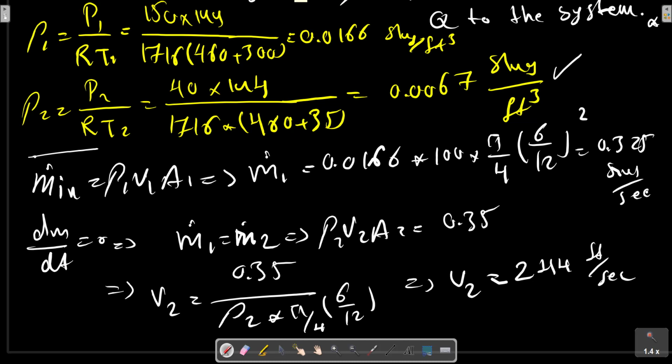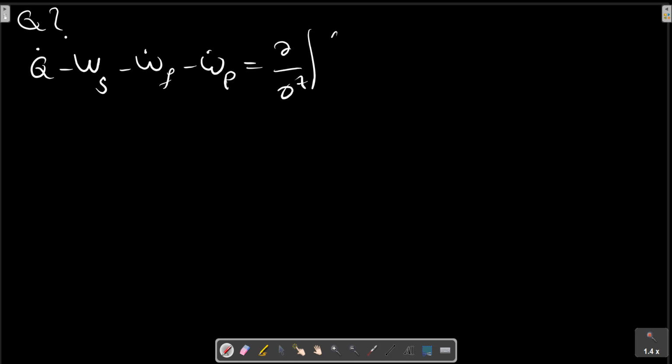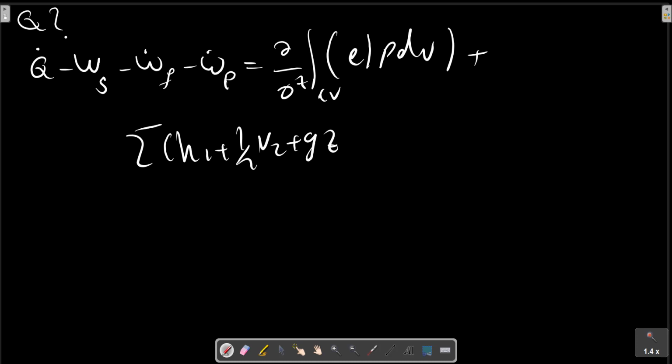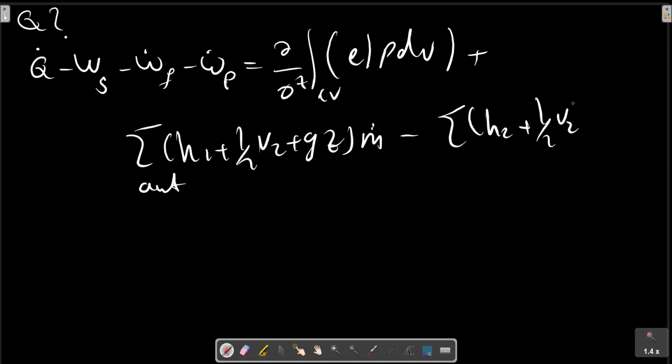Now we can calculate the heat transfer to the system Q. The relation for the energy equation from the Reynolds transport theorem was Q dot minus W dot S (shaft or pump), W dot friction, W dot from the pressure equals the control volume integral of e rho dV plus the sum of h plus out minus m dot e.